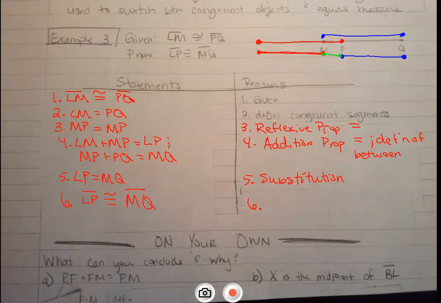Never is conclusion acceptable. Given, yes. Conclusion, no. What is the reason? Definition of congruent segments, right? We can go back and forth between that all the time. So the definition of congruent segments.